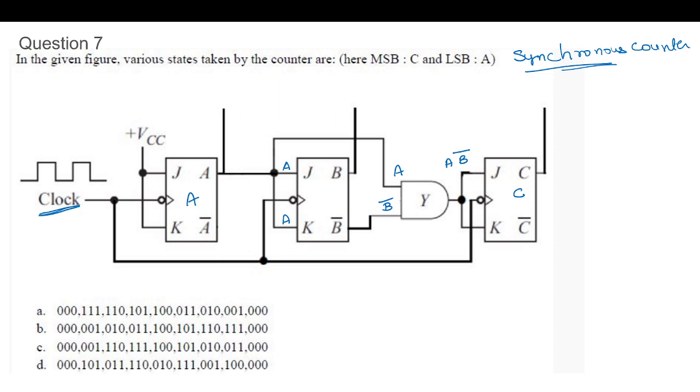Now let's write C. C is the MSB, so I'm writing C first. C's input is A, B bar. So both J and K are the same input, so I'm writing it only once.